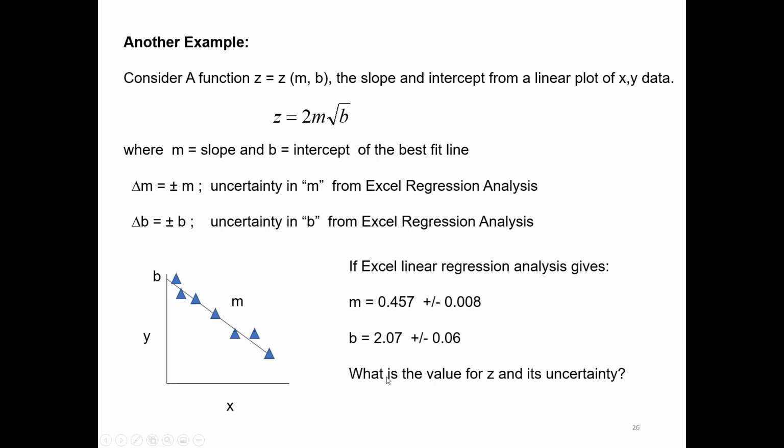And now we go back to look at z equal to 2m times the square root of b. And what's the value for z? And its uncertainty. Right, the value for z is easy to calculate. Now I want you guys to calculate both the z and the uncertainty of z.